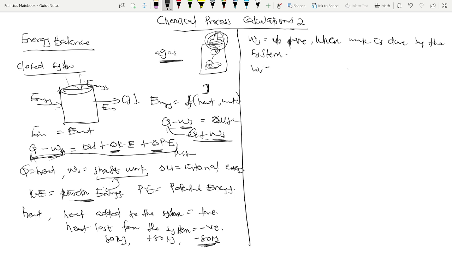And then WS is negative when work is done on the system. So let's take note of these two, so we shouldn't be confused.